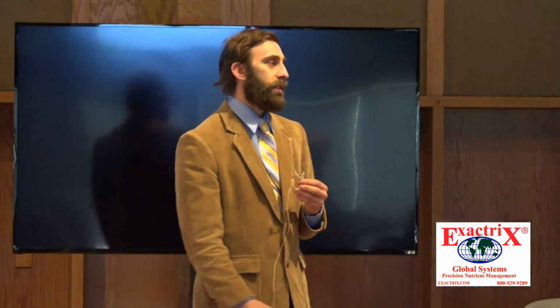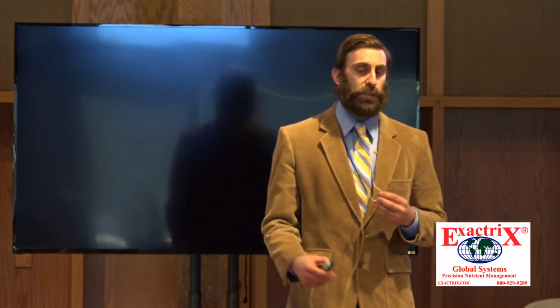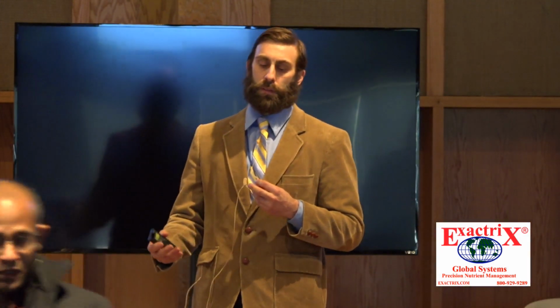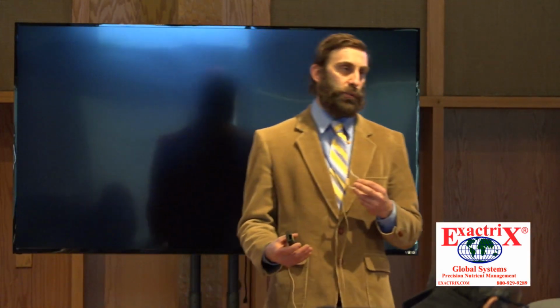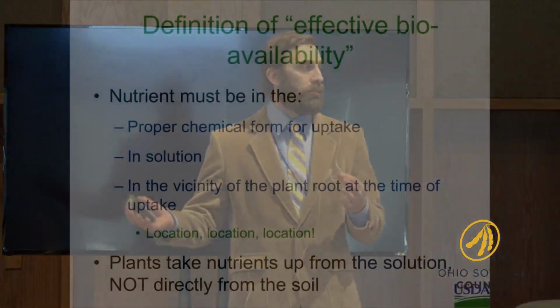So before we have this discussion, we need to discuss a little bit about how plants take up phosphorus and the dynamic with the soil. I use the term effective bioavailability. Effective bioavailability of nutrients essentially considers that the nutrient must be in the proper form for uptake by the plant. It has to be in the proper chemical form. The nutrient must be in solution.